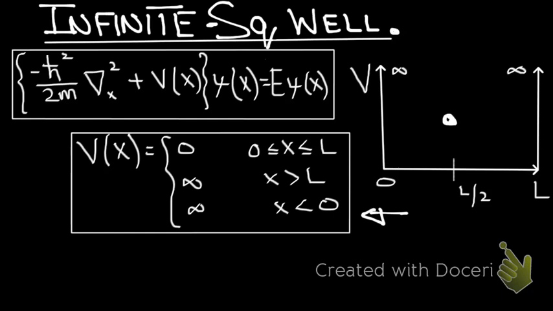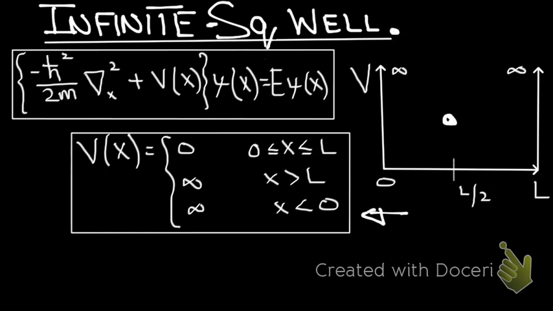For x greater than L or x less than 0, we have infinite potential, represented by these two vertical lines. Due to the shape of this potential energy function, you can call it the infinite square well, because it looks like a square.